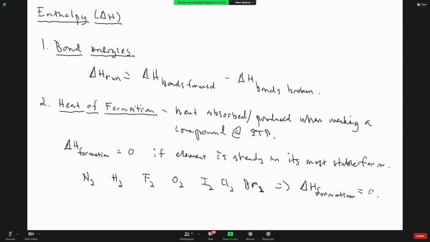Okay, so that's my mnemonic to help remember this. These molecules always end up having no delta H of formation. So there are no bond energies between, right? Because literally you're taking bonds formed minus bonds broken within your system.